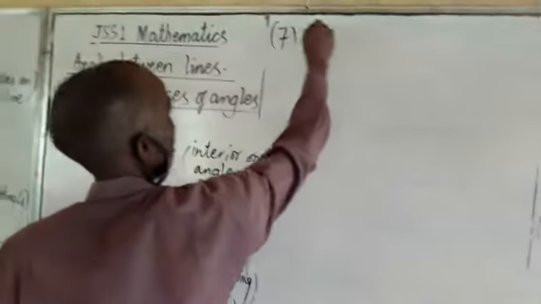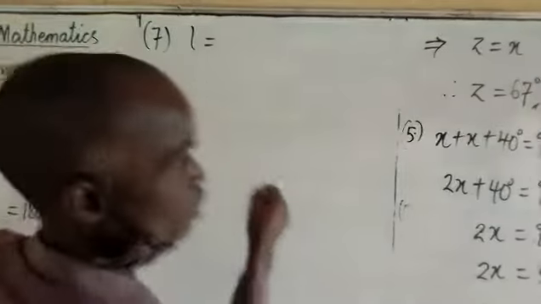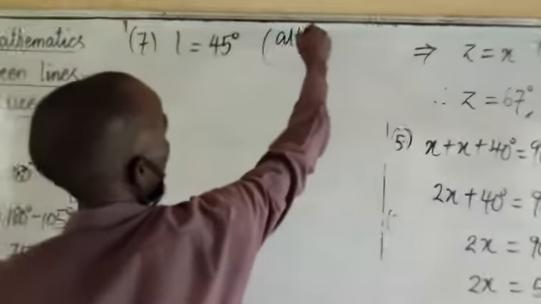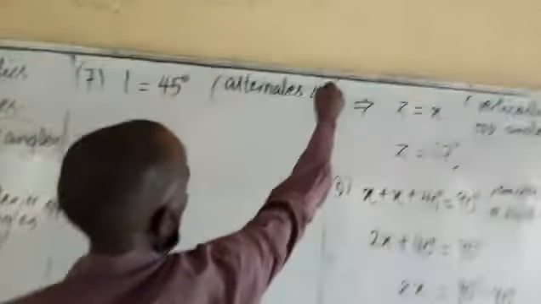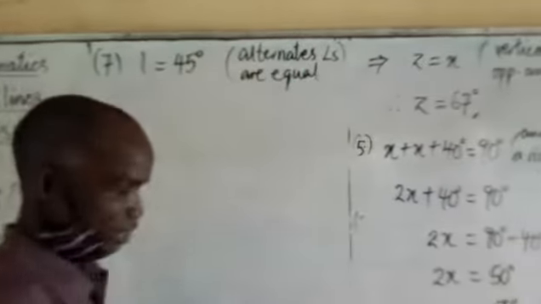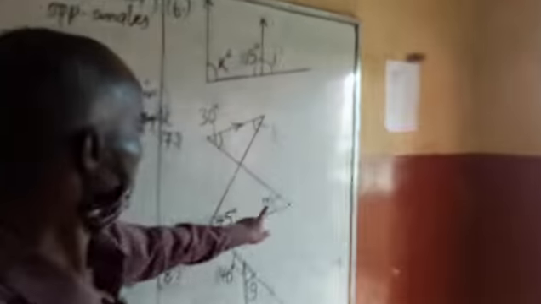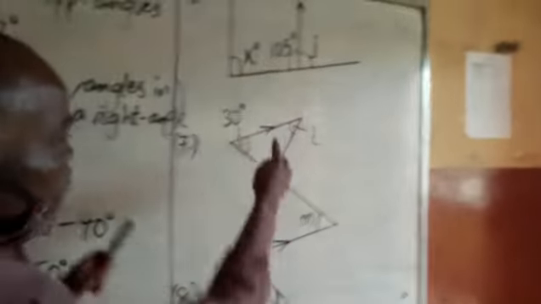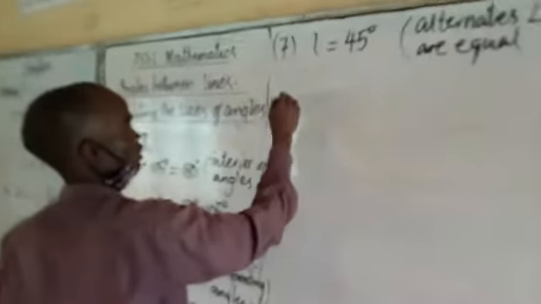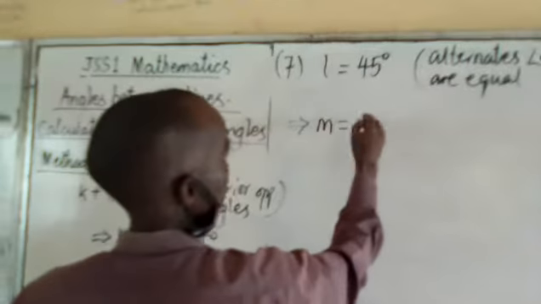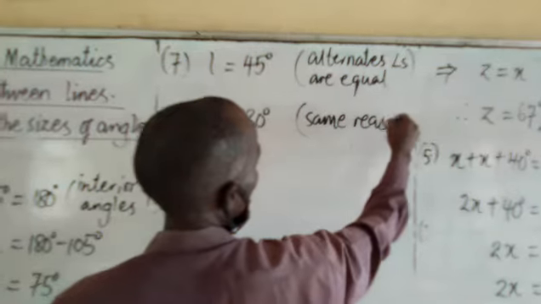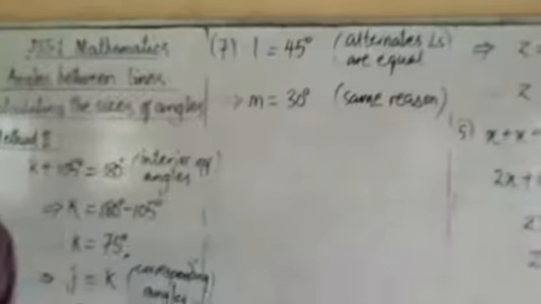Alternate angles are equal. The same applies to the other L. So this and this are equal. It forms letter Z this way. It also implies that L is equal to 30 degrees. Same reason as the first.